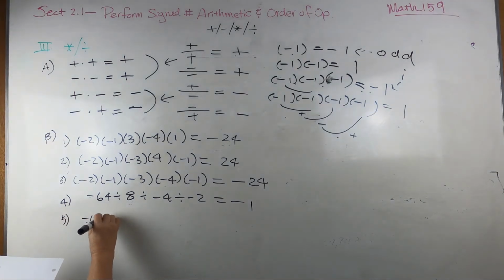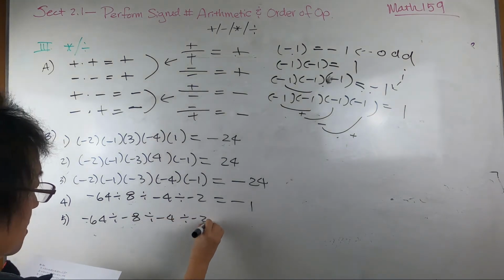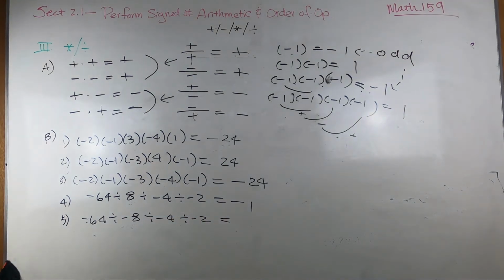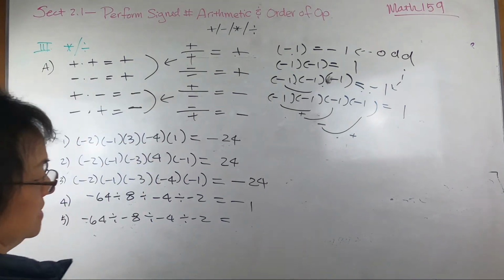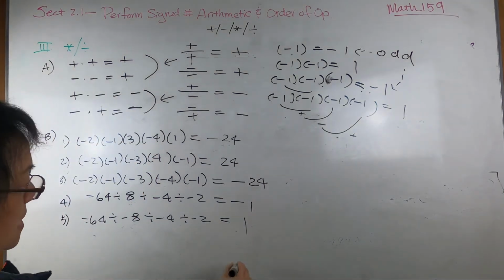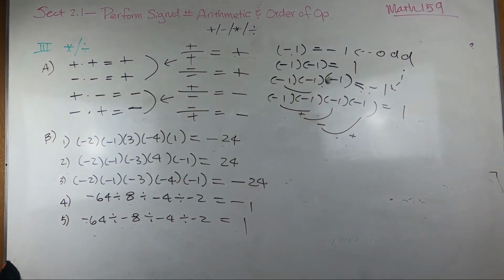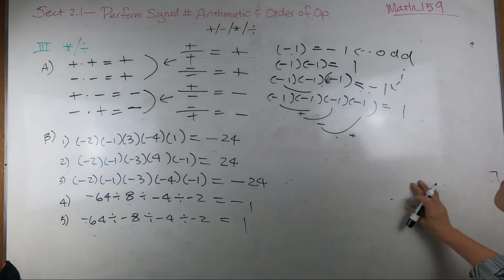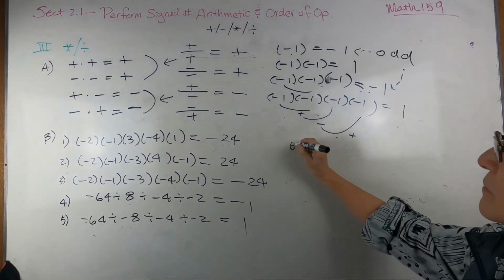So if you have this one, negative 8, negative 4 divided by 2, how many negative numbers do you have? 1, 2, 3, 4. Even number, you should get a positive. Then divide it, positive 1. Right? Can you remember this? Okay, don't make mistakes on this. You should be able to handle it.